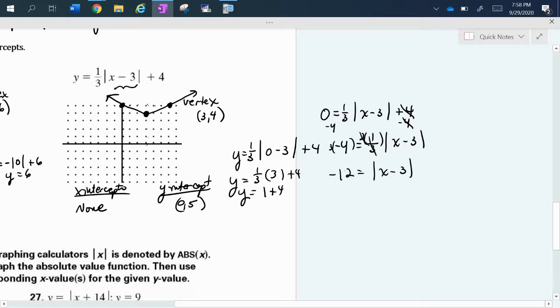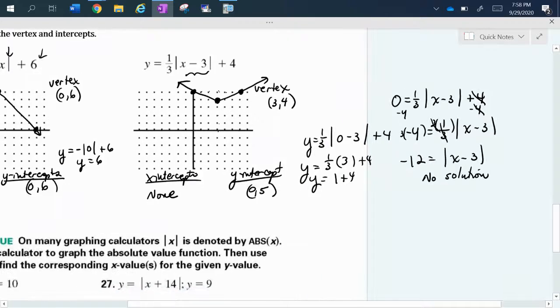And I get the absolute value of something is equal to negative 12. And we know that the absolute value of something will never be negative 12. So that tells me there is no solution to this equation. So therefore, there are no x-intercepts.